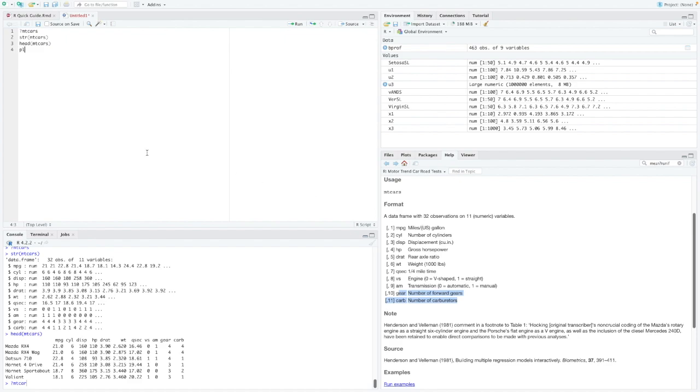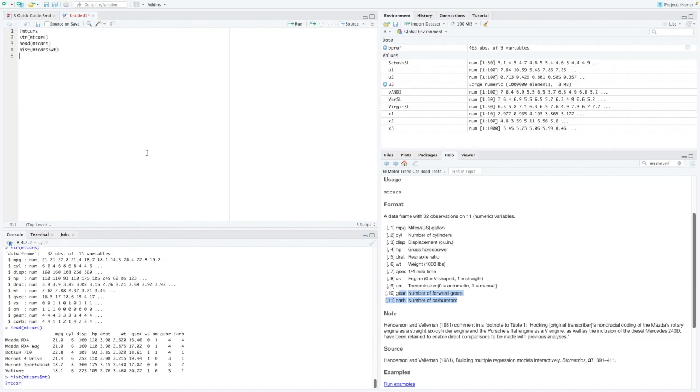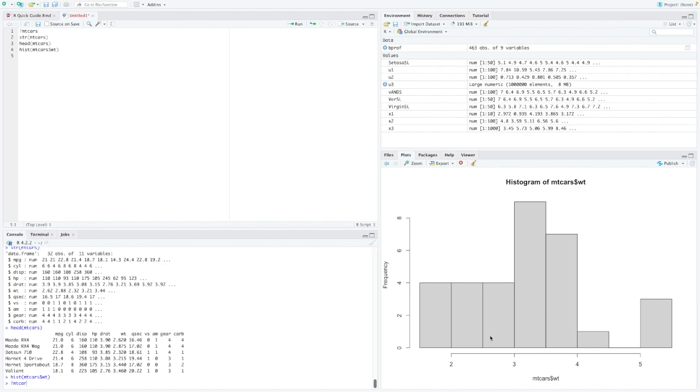So let's say I wanted to plot, not a histogram. If I made a histogram of weight, there's a histogram of cars by weight, but I want to compare two data sets. I want to see, does weight have an influence on miles per gallon? I think it's a good hypothesis that it does.